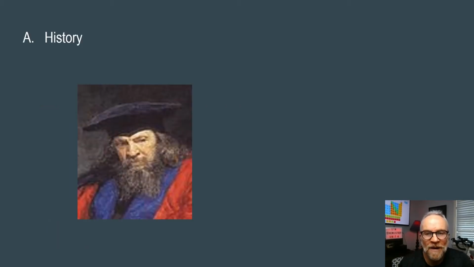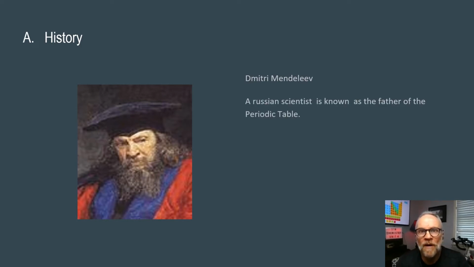Okay, so it really kind of started with this fellow, and this guy is known as Dmitri Mendeleev. And Dmitri was known as the father of the periodic table. He was a Russian scientist that was working on characteristics of elements and grouping elements in order by properties and mass.